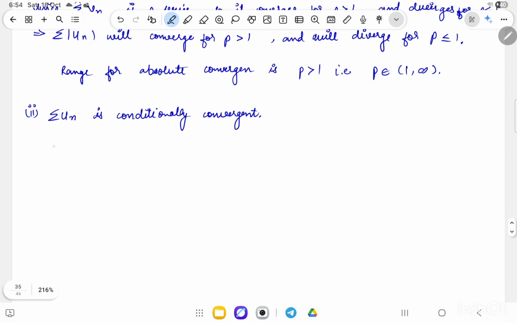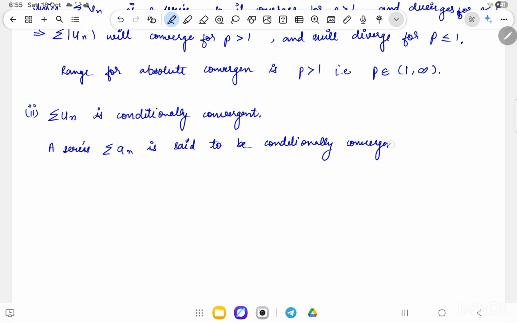A series summation an is said to be conditionally convergent if the series summation an converges, but the series formed with absolute values, that is summation mod an, diverges.